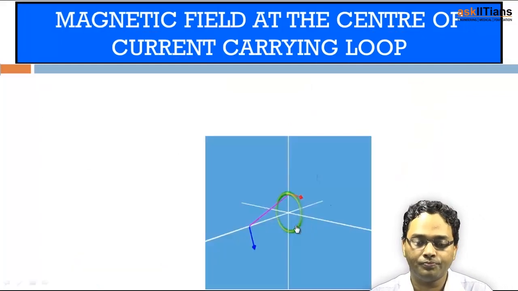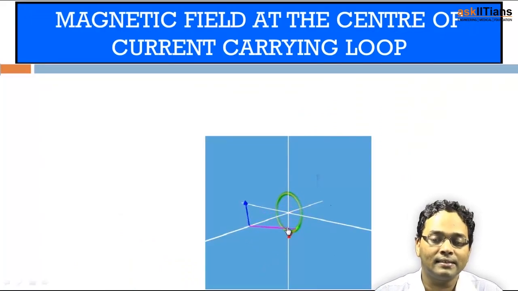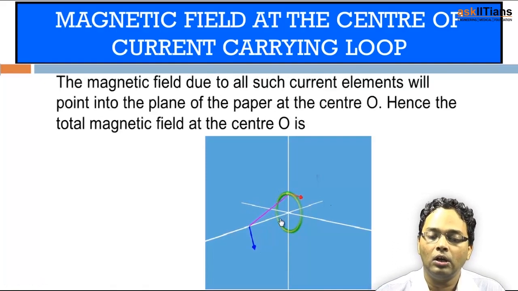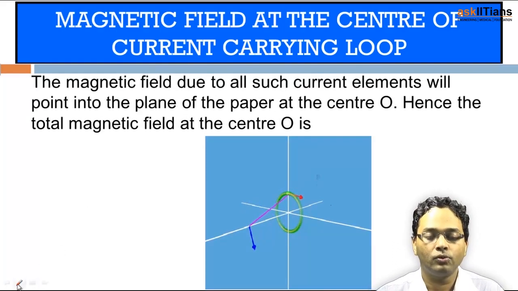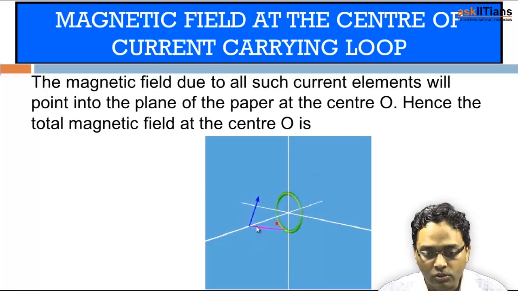Going further, if we try to understand how exactly the magnetic field at the center of a current carrying loop has to be figured out, we took a very small current element, so we now have to integrate over all possible such elements. If you take a component here, there is going to be a magnetic field component that's going to be varying.